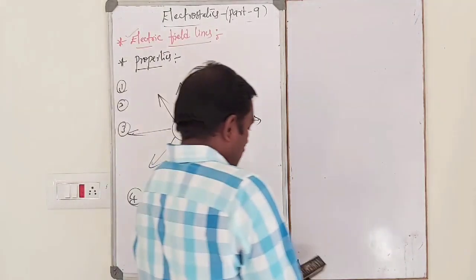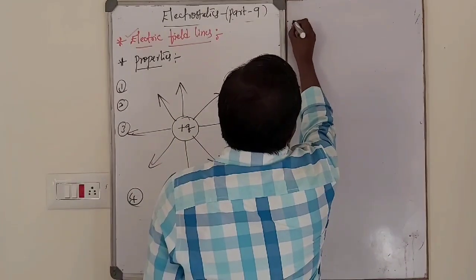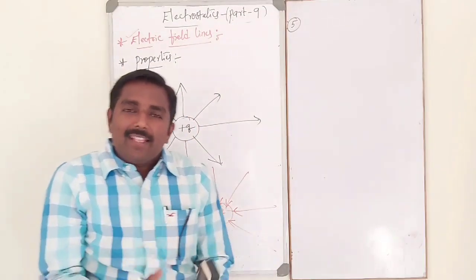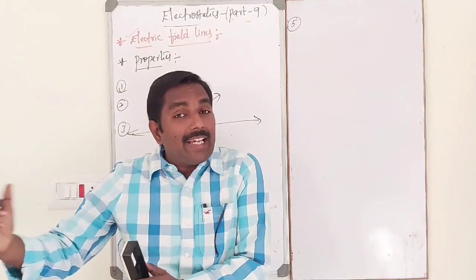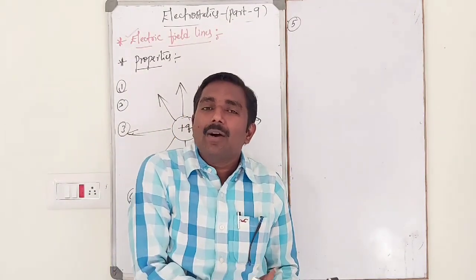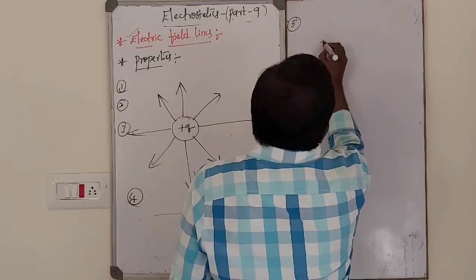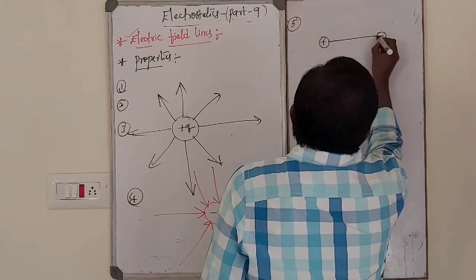Next, the fifth property, students. Electric field lines originate at the positive charge and terminate at the negative charge. Dear students, this is the positive charge, this is the negative charge.